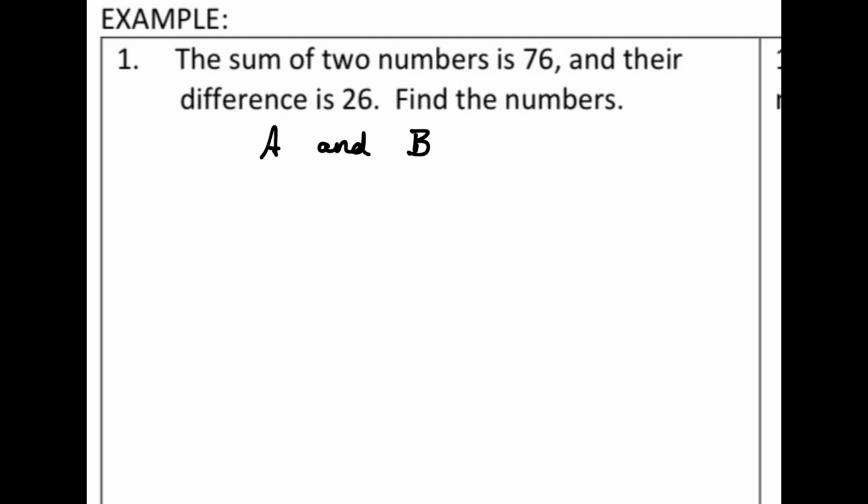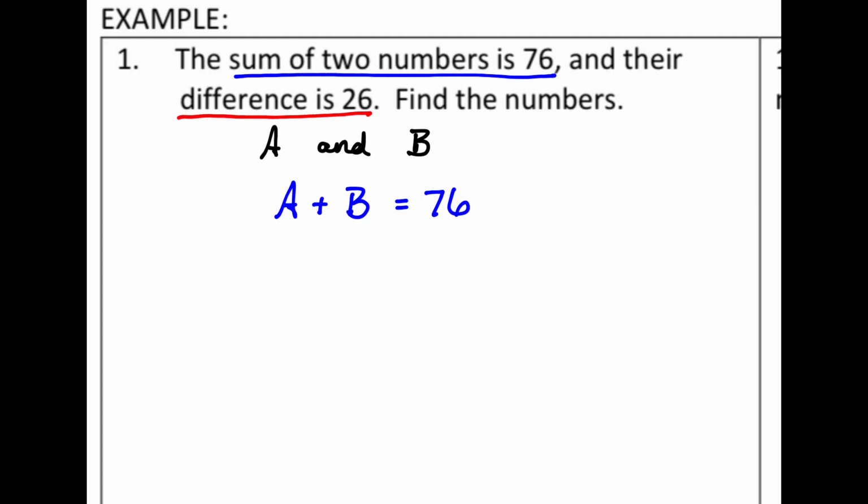The sum of them is 76, so A plus B is 76. And their difference is 26, so A minus B is 26. Find the numbers. So in other words, solve this system.